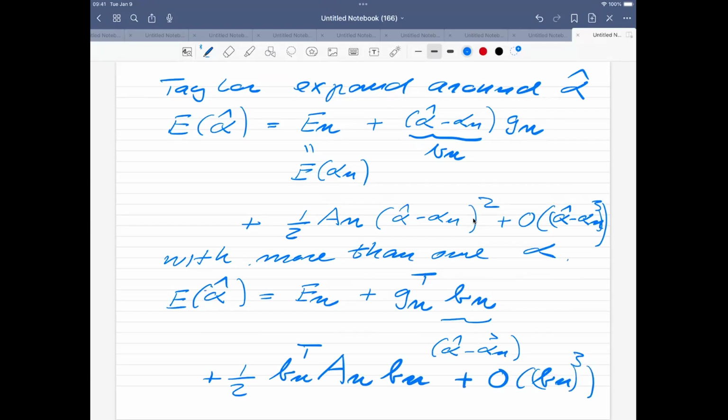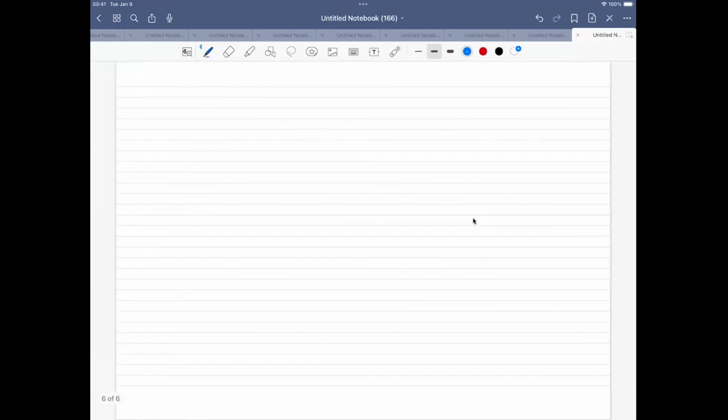So I hope you don't get offended if I just start by doing a plain Taylor expansion again. So suppose you have two parameters, let's do that. So suppose now alpha is given by some alpha 0 and alpha 1. So we have two parameters. Then this A of n is going to be a matrix, which you'll probably have encountered as a Jacobian.